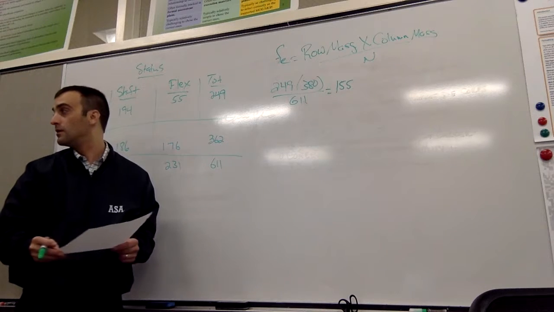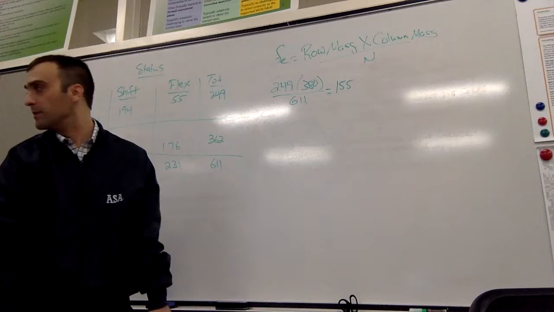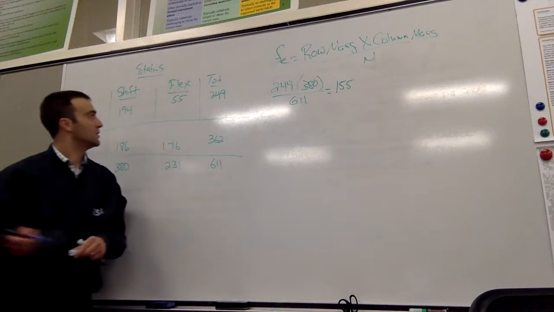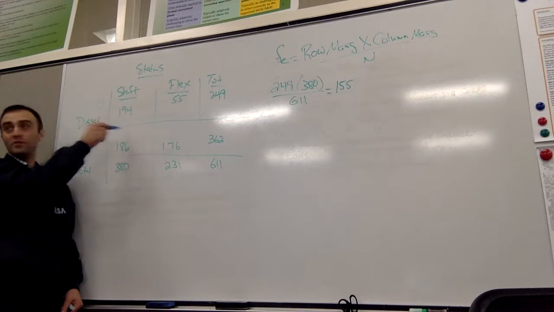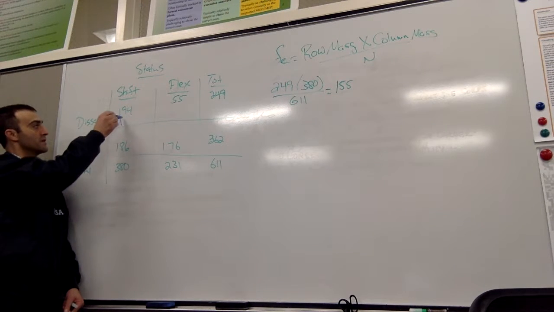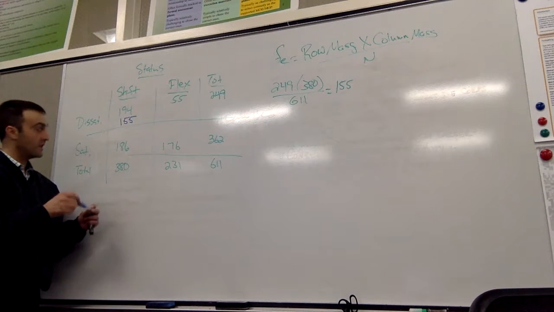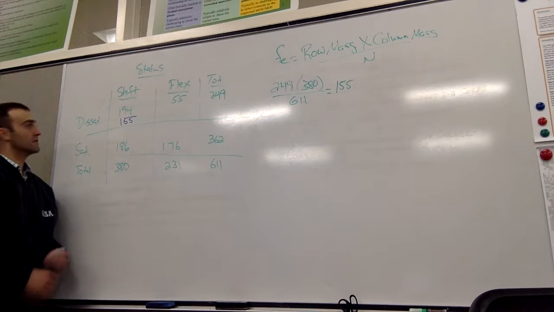So we're not supposed to take it to 2 points? You can, and that's fine. It'll be more precise, but to make it easier, just do it to this full number. So we observed 194. We should expect to see 155 roughly, if there's no effect between job status and satisfaction.